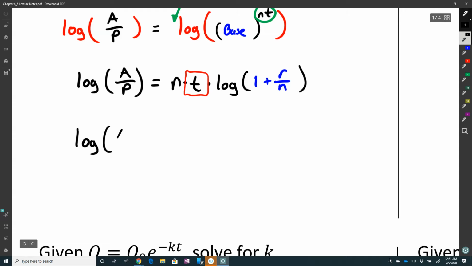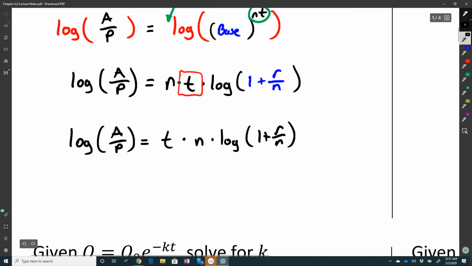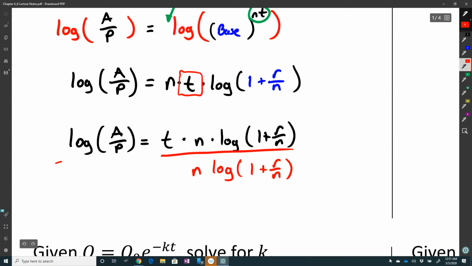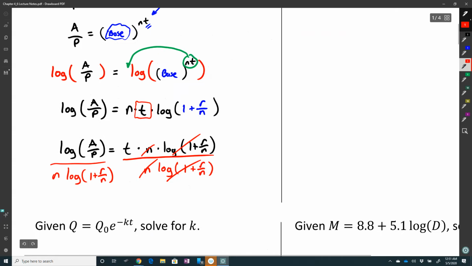Well, let me rewrite it again. Instead, though, I'm going to write this as t times n times log of 1 plus r over n. All you got to do now is divide by everything that isn't t. So those cancel out, and you end up with your answer.